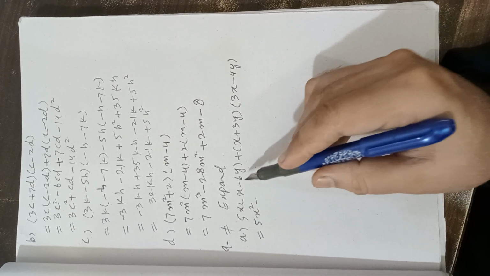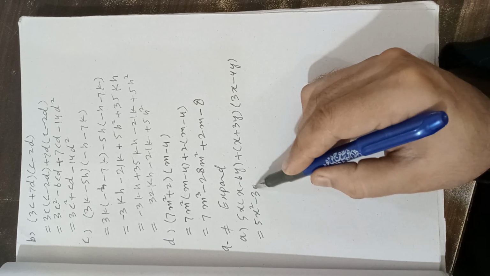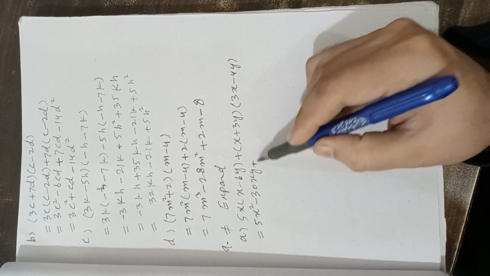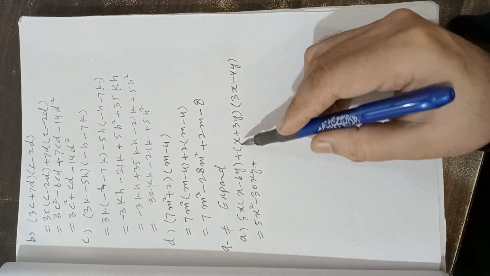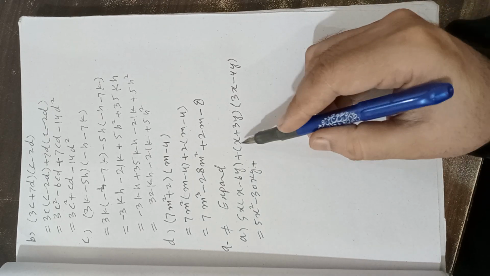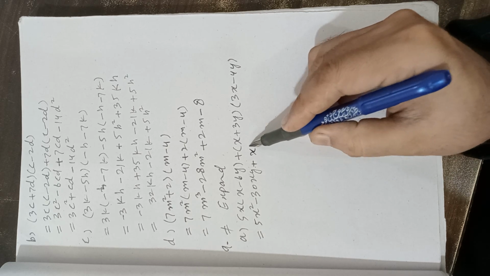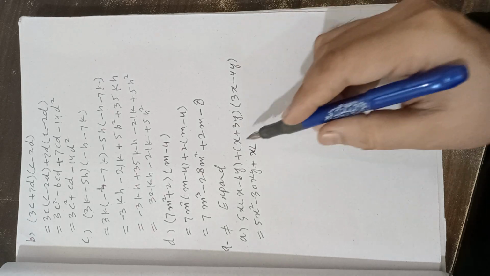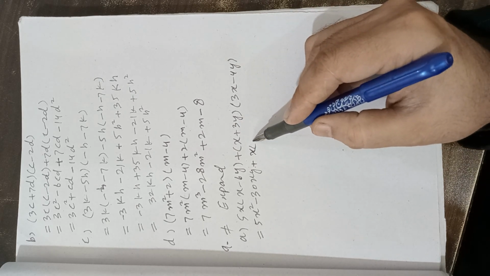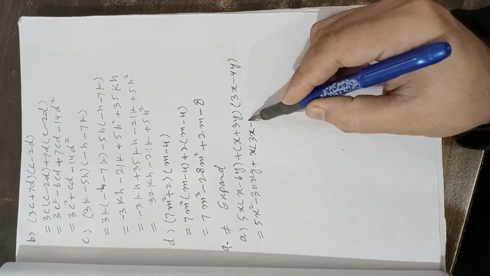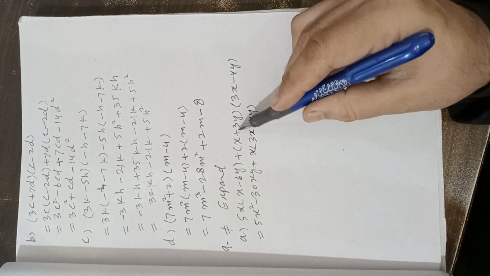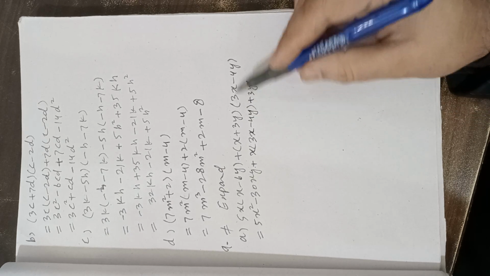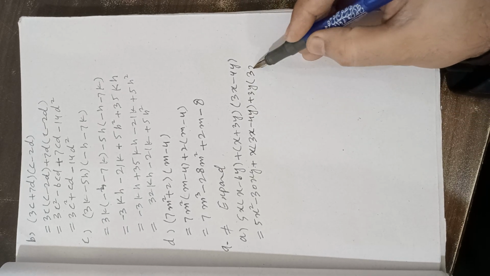Then 5 multiplied by 6 is equal to 30 and x multiplied by y is equal to xy. And due to this plus sign we no need to write square bracket or any bigger bracket, and only we will write x here. We will separate this term into two parts and second term will be written as such in the bracket for our easy multiplication. Then plus 3y and this whole term will be written in the bracket.